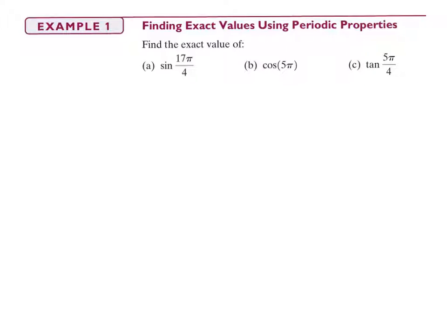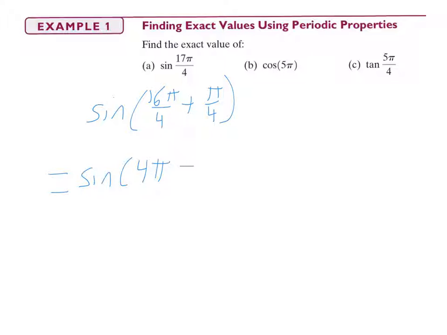Okay, so here's a 3-part example. It says find the exact value of, let's start with sine of 17 pi over 4. Now, this can be broken down into 16 pi over 4 plus pi over 4, which is the sine of 4 pi plus pi over 4.